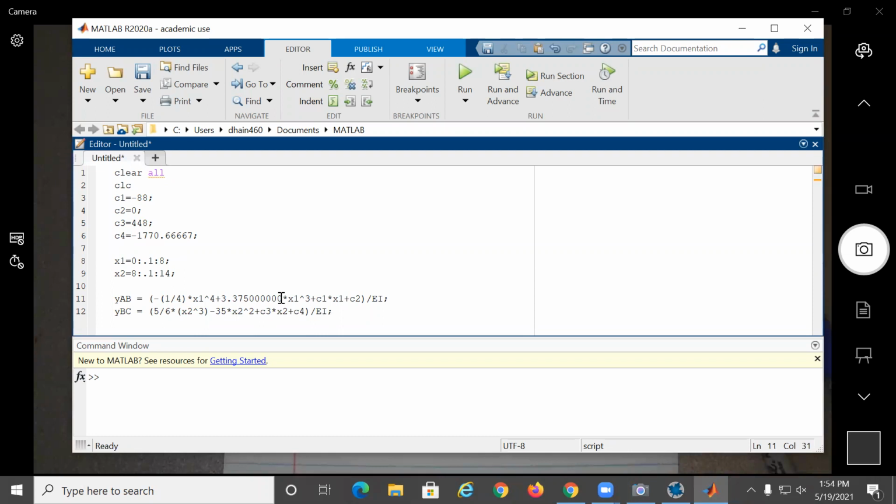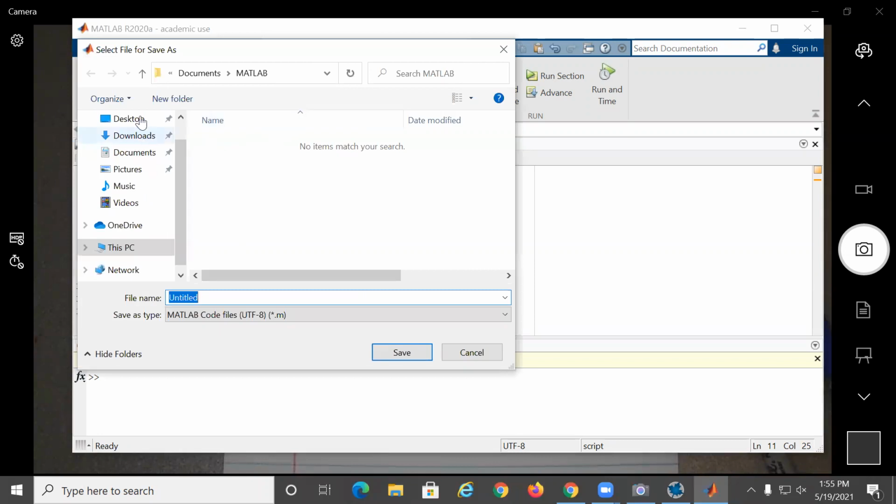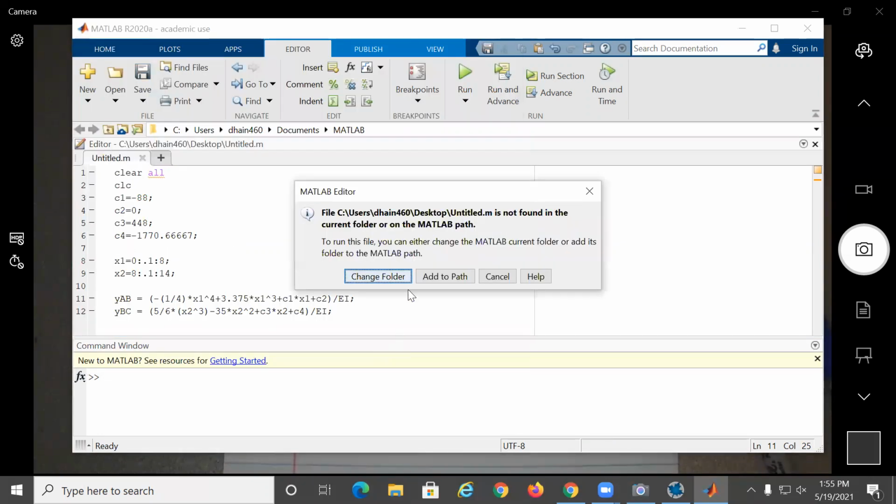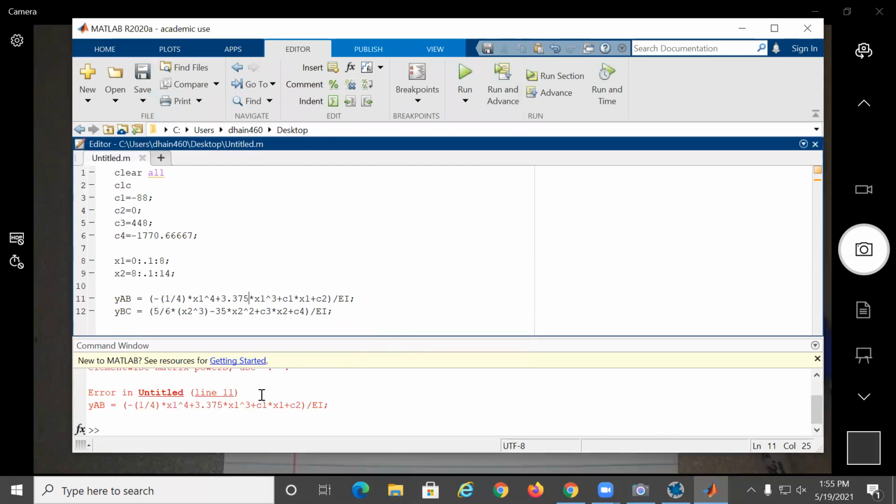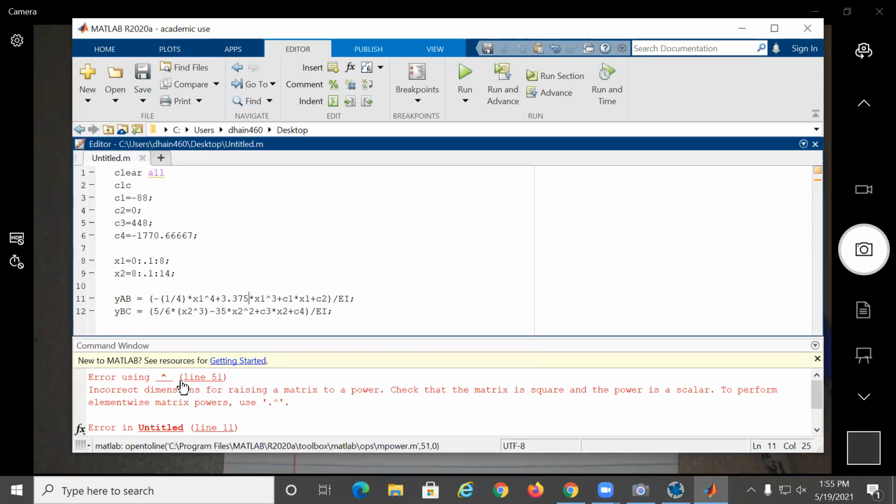Okay, it put a bunch of zeros that I don't know why. Let me just remove those zeros. Okay, I think if I try to run it as it is now, it's going to give me an error because it's going to try to take all the values here for x1, no? So let's see if I run. Maybe it's going to ask me to save it first. So whatever, Untitled, it's fine. Change folder. You see, it gives me an error of deep power.